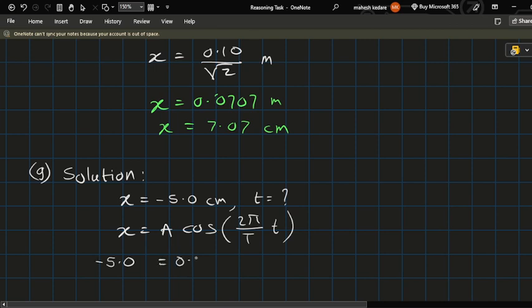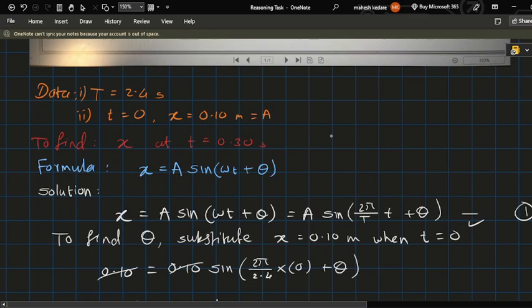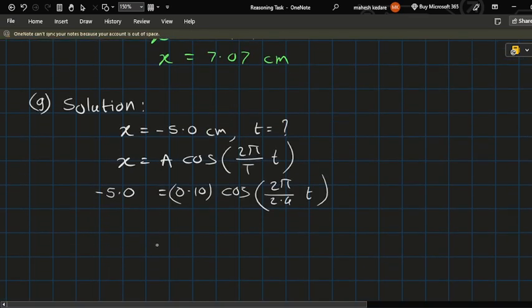Amplitude is 0.1, cos of 2 pi by 2.4 t. Minus 5.0 divided by 0.10 equals cos of 2 pi by 2.4 t.